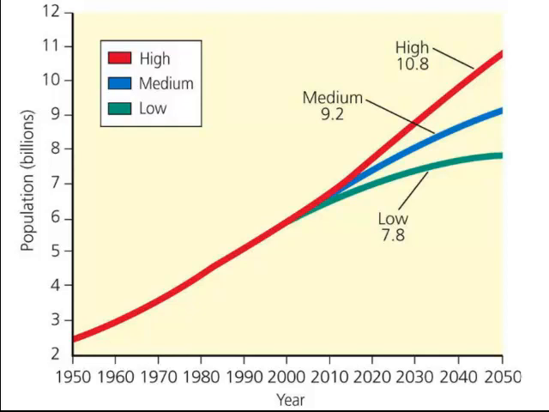So that's about 0.8 billion people more than we have on the planet today. And that goes up to as high as 10.8 billion people by the year 2050 in some of the faster growing models. Notice that's almost 4 billion people more than we have today. So we're not sure where it's going to be.